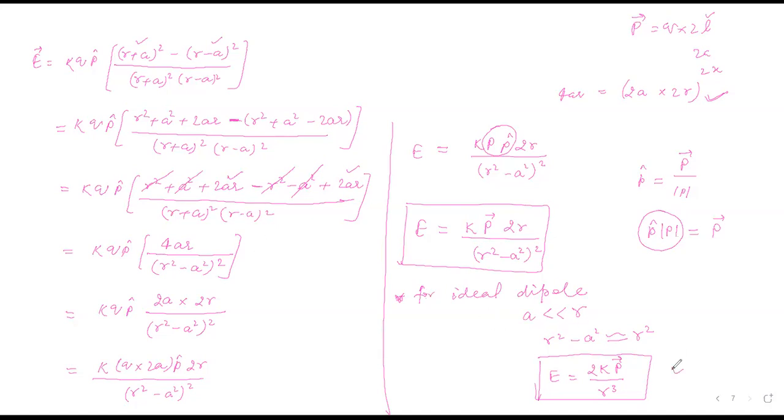Now we have the equation of this. This is your equation of electric field due to a dipole on the axial line. Now, what will be the direction of the electric field due to the dipole?